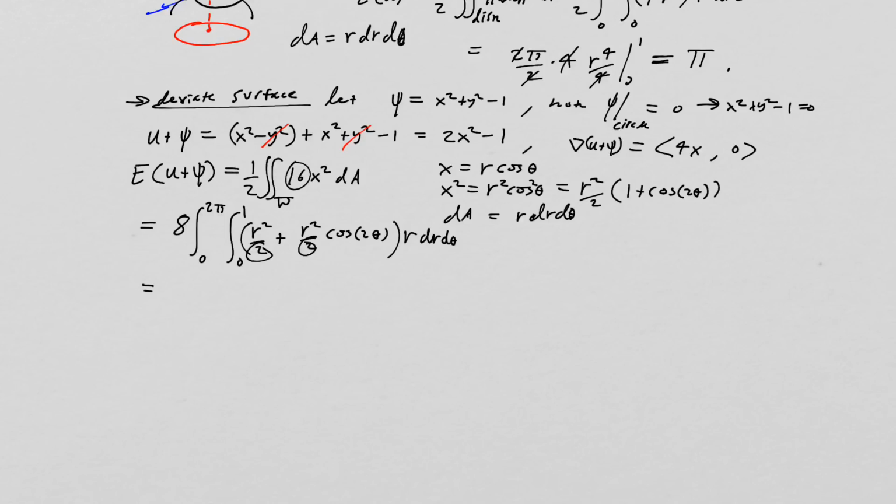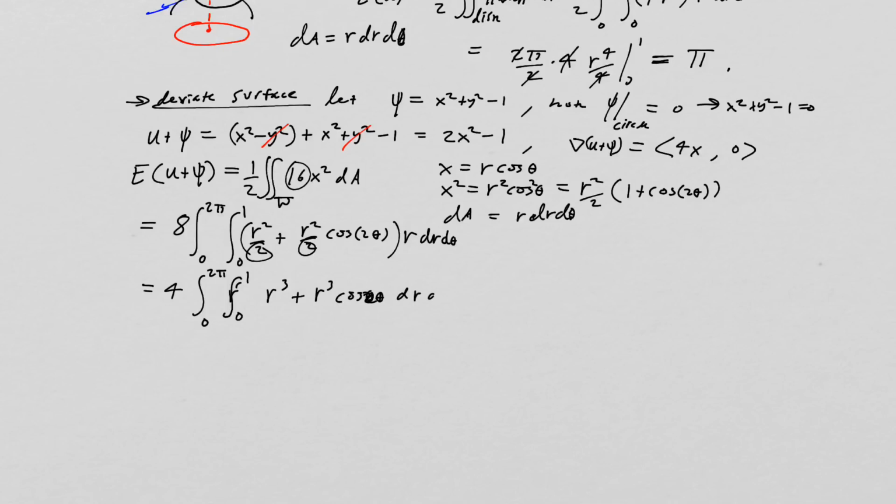So I see we have these 2's. Let's just factor them out. And we're going to have a 4. And then we're also going to have an r. So we're integrating from 0 to 1, and then we're going to have an r cubed plus r cubed cosine 2 theta.